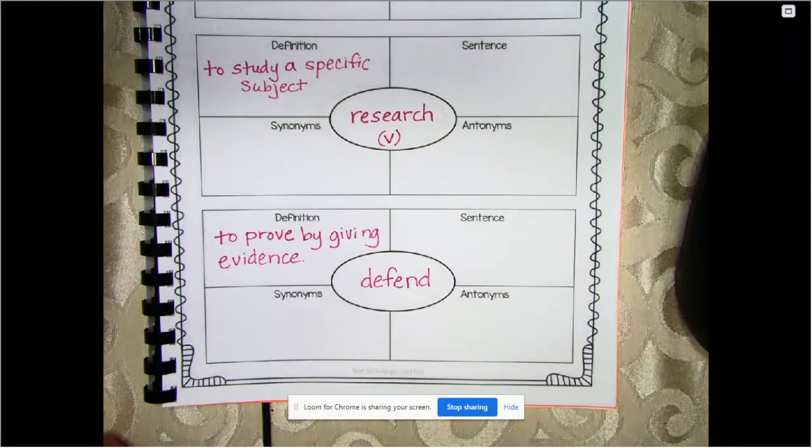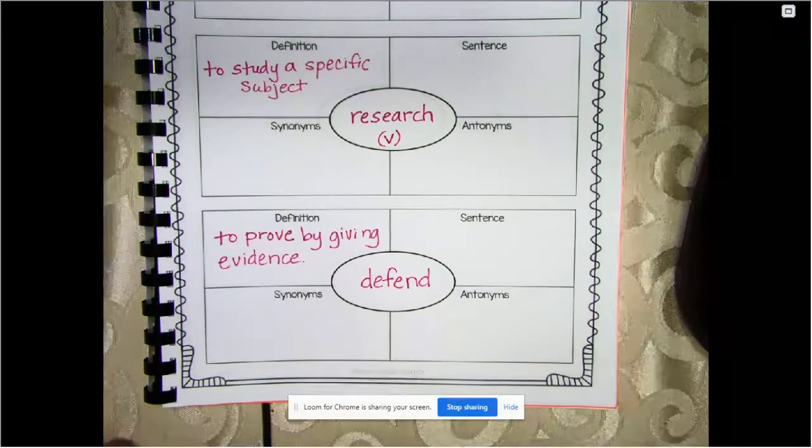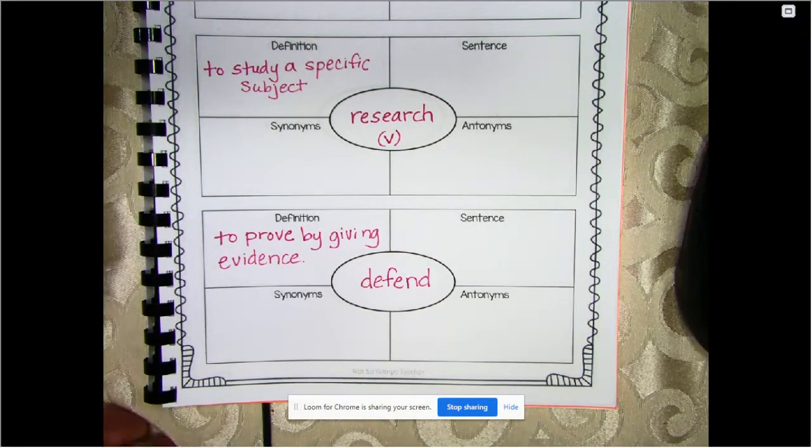It's a special light. And he shines it, and everybody, including the dog, has Cheeto dust all over their fingers and their face. So if they said they didn't do it, he just proved that they did by giving evidence that was there. So defend is something you do.